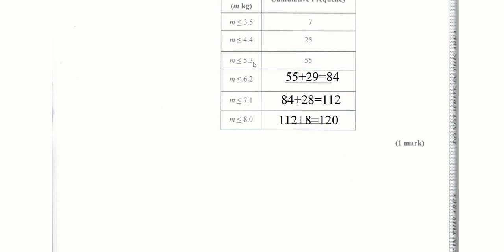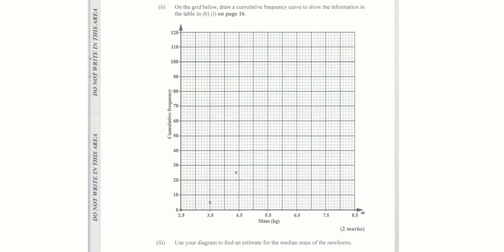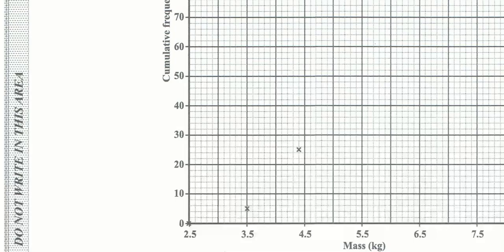So each one of these blocks is 0.1: 2.5, 2.6, 2.7, 2.8, 2.9, 3, 3.1, 3.2, 3.3, 3.4, 3.5. Each block is a point something. So that is why 4.4 would have been here.